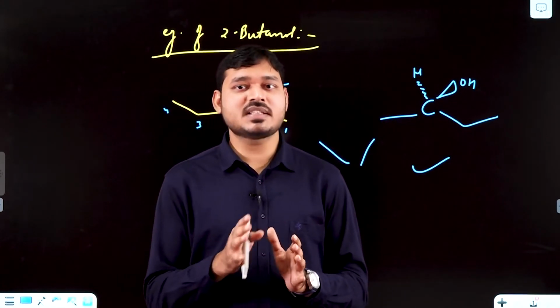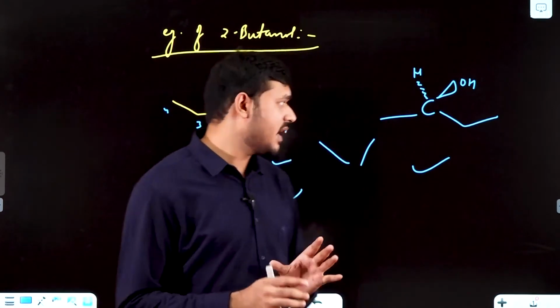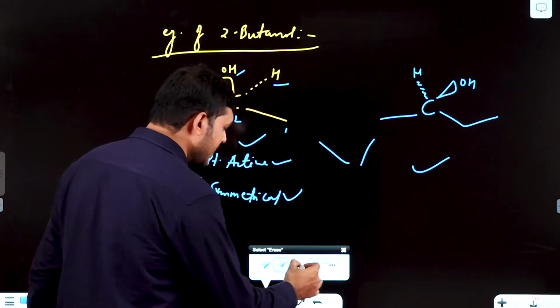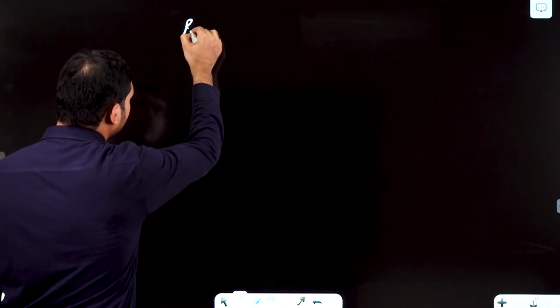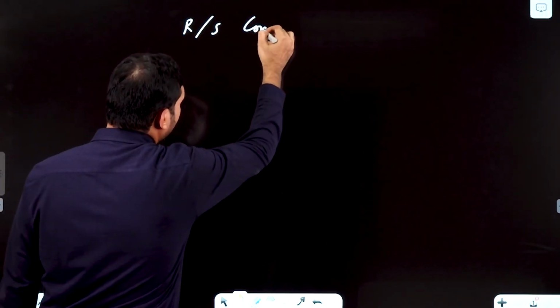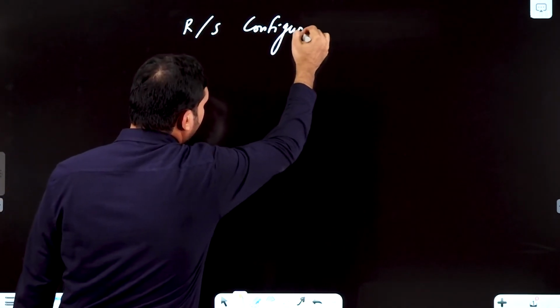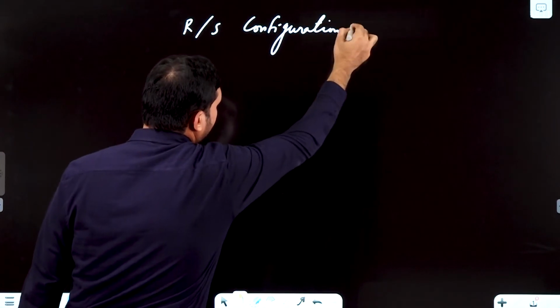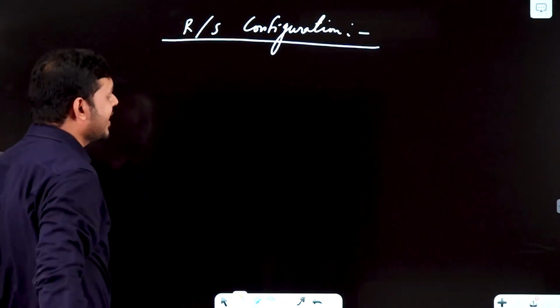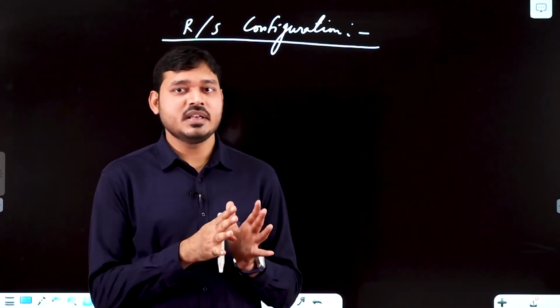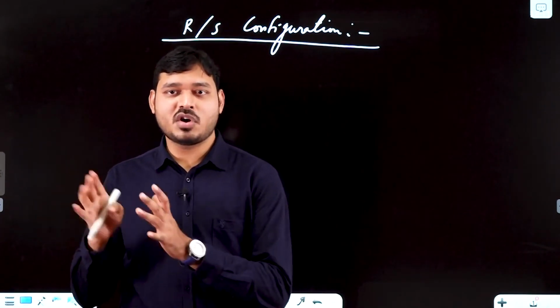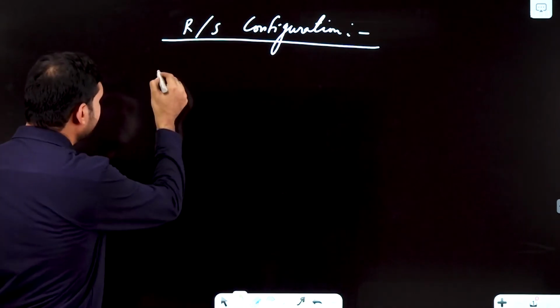They found two different things, that is RS configuration. Now what is this RS configuration? Let's understand it in detail. Three scientists named Kahn, Ingold, and Prelog.